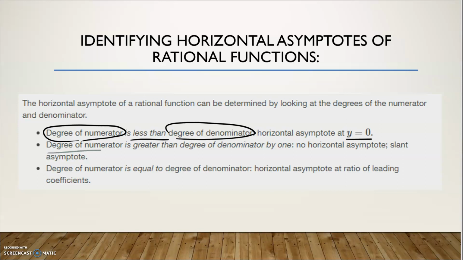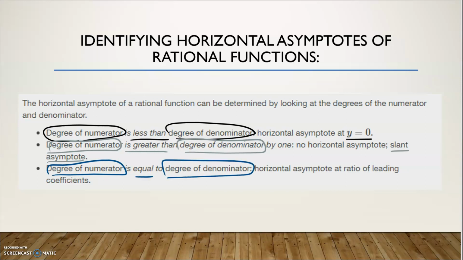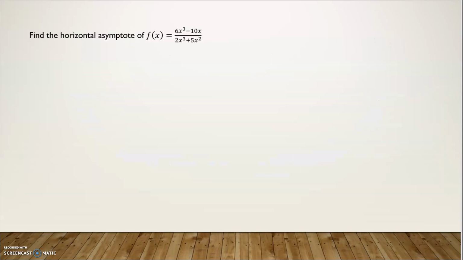If the degree of the numerator is greater than the degree of the denominator by 1, then we have no horizontal asymptote; what we actually have is something called a slant asymptote. And last, if the degree of the numerator is equal to the degree of the denominator, then the horizontal asymptote is the ratio of the leading coefficients. Those are the three possibilities that we will look at.